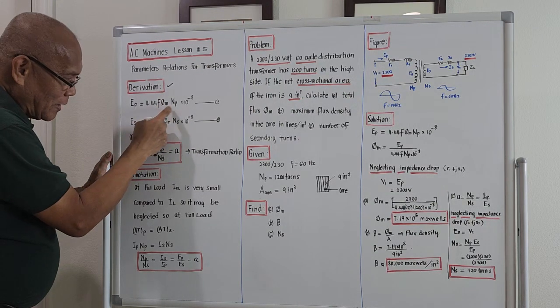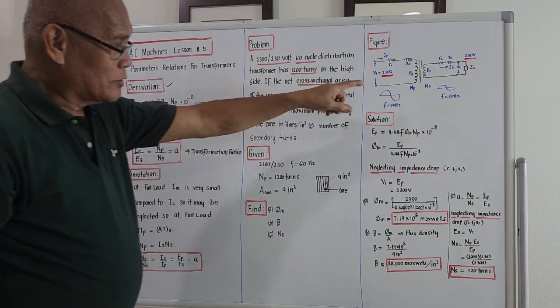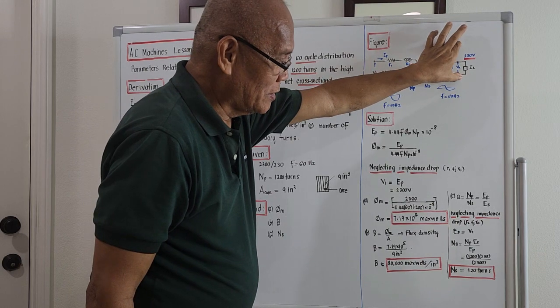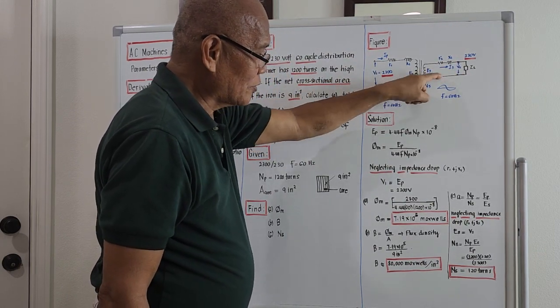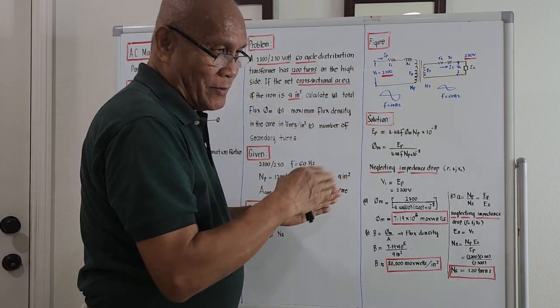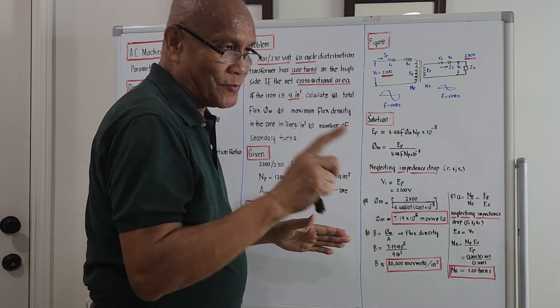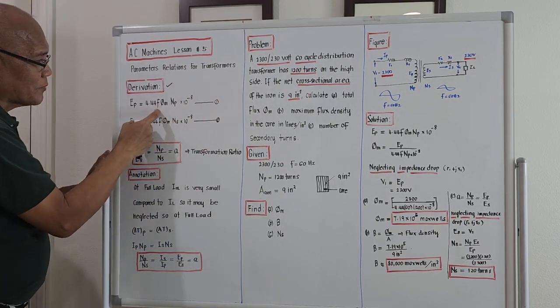For frequency and flux, we do not put a subscript because the frequency on the primary will be the same as the frequency on the secondary. And the flux linking the number of turns on the primary and secondary are the same. So if we are talking primary or secondary, we are talking of the same flux and the same frequency. So that's why in equation number 1, there is no subscript here.